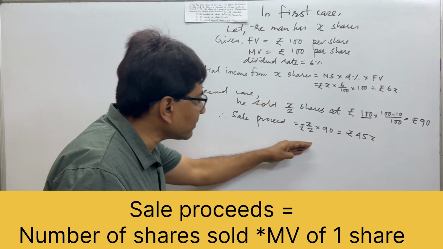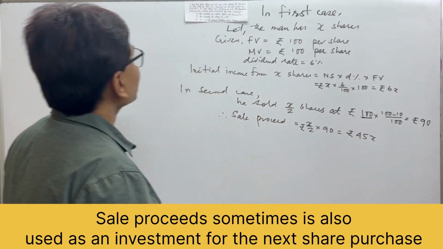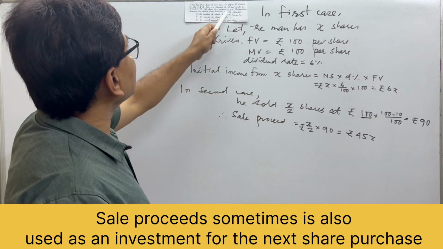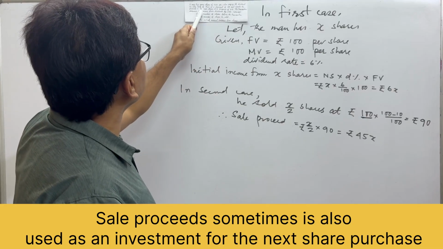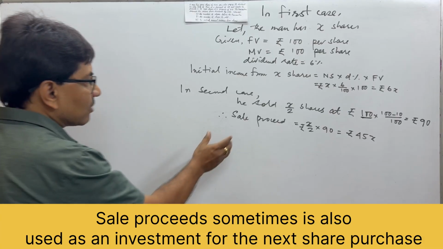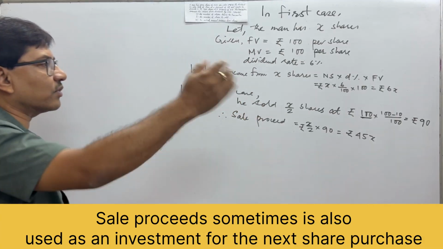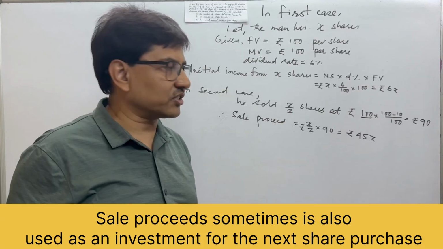This is the investment value, rupees 45x. Now it is said invest the proceeds in 7%, rupees 50 shares at a premium of rupees 10. So this sale proceed is nothing but the investment for the next share purchase.